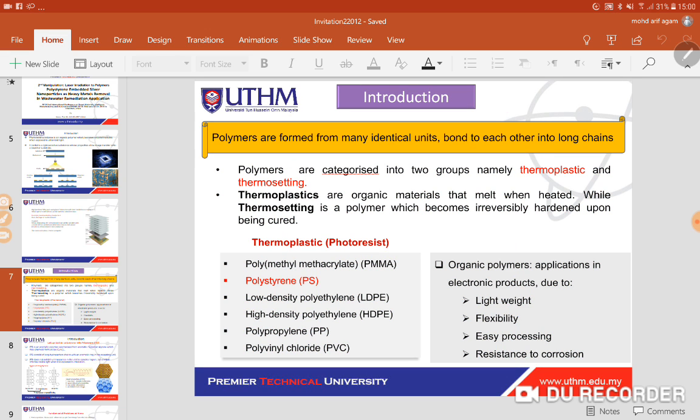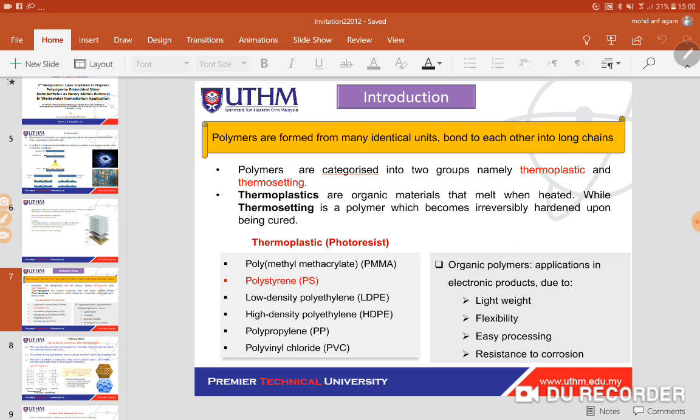polymer. And why are we looking into polymers? As you know, we have recently have flexible displays that you can make in any form that you like.